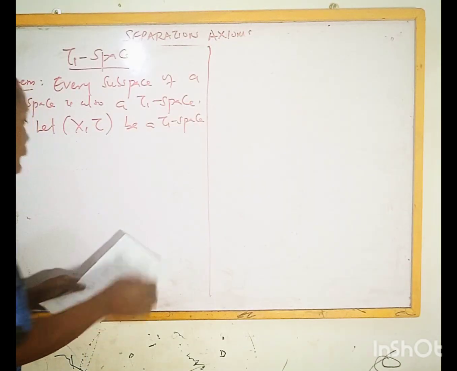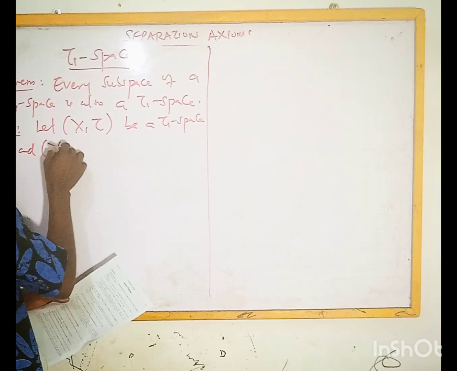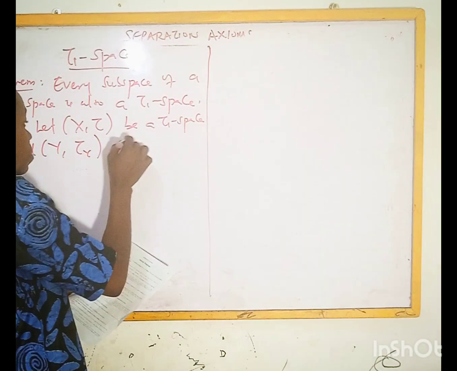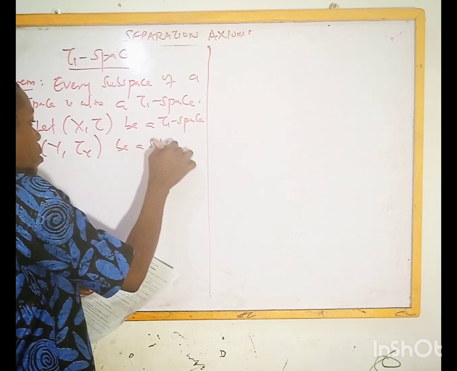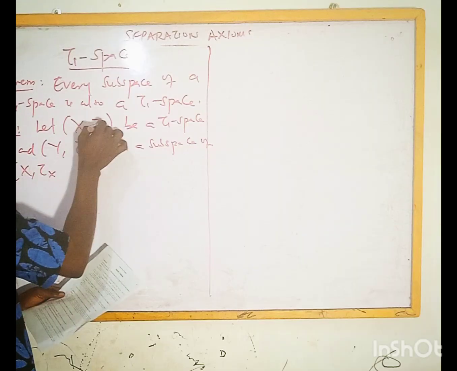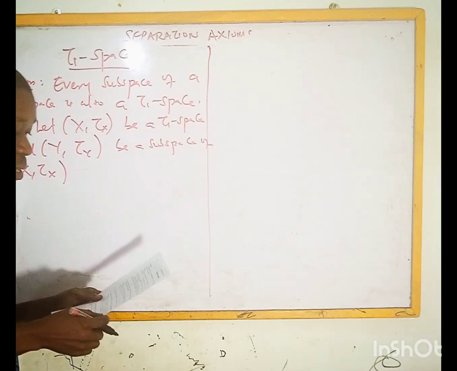Can you see that now? And let (Y, tau_Y) be a subspace of this (X, tau). Let me put X also to differentiate the tau_X space.